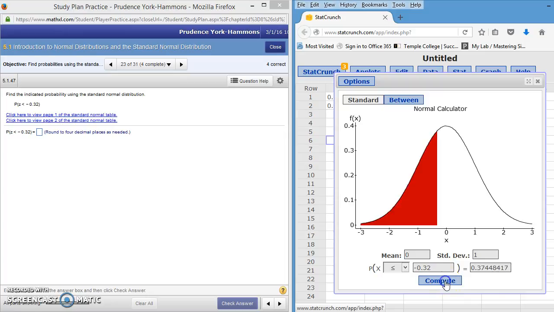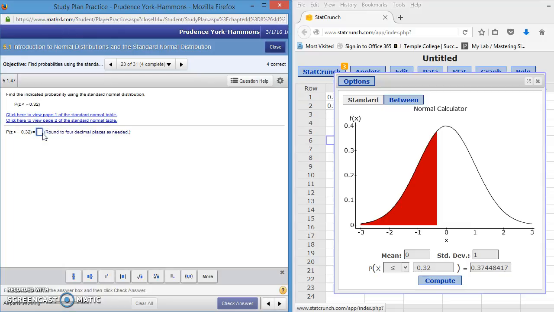So I'm going to compute, and so you can see that 0 is here, negative 1 is there. And think of these as z values because when the mean is 0 and standard deviation is 1, we're talking about values for z. But the probability is the same as the area under the curve, which in this case would be 0.37448, and that 8 would make the second 4 become a 5.